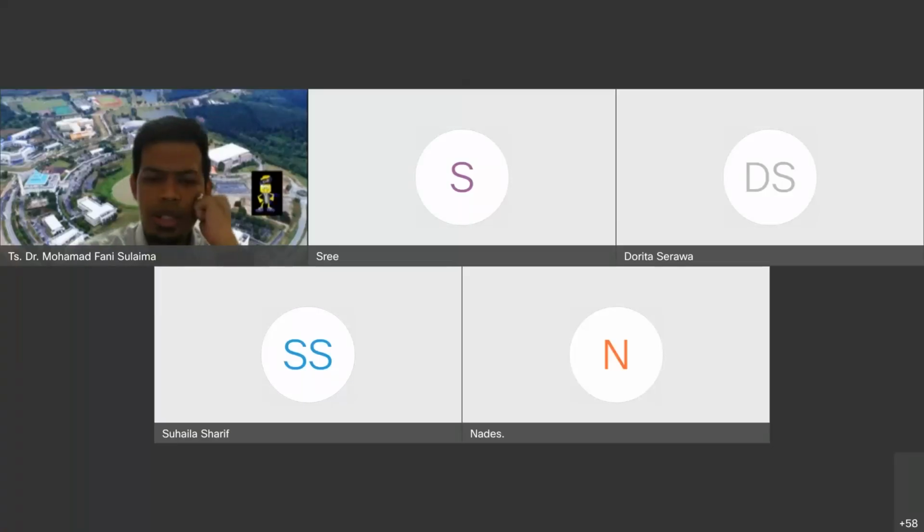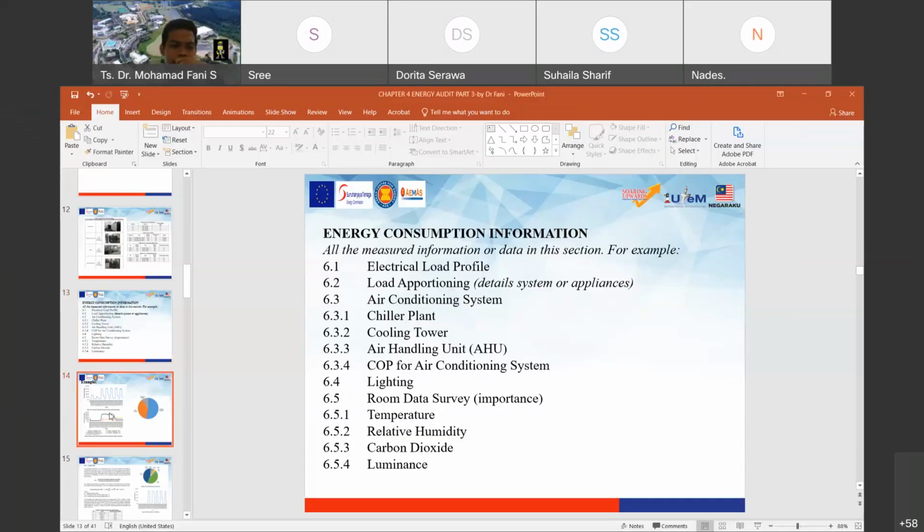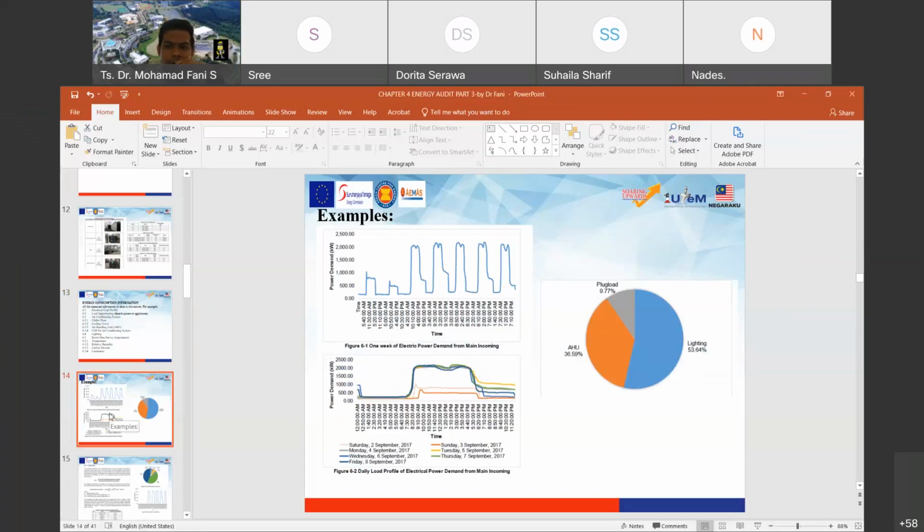Okay, any other question? This one is the example for the energy profile.